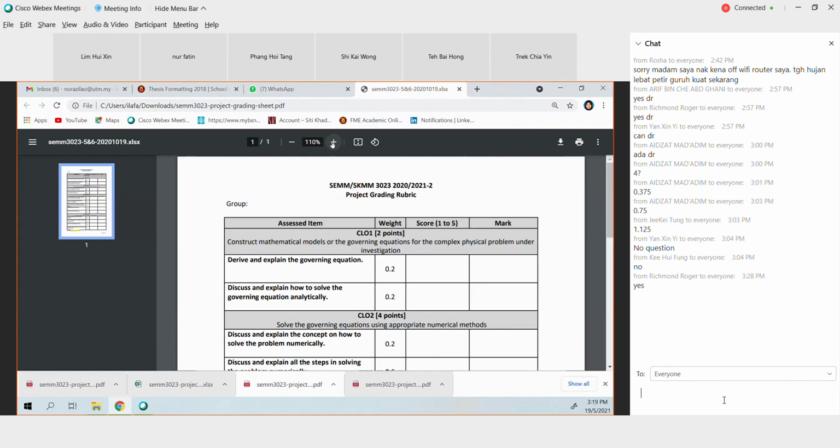I also wrote down what I hope my students will submit for the project. Project for your section I will mark. It's not the same as the test, where other lecturers mark for you. For the project, I need to correspond to all of you.